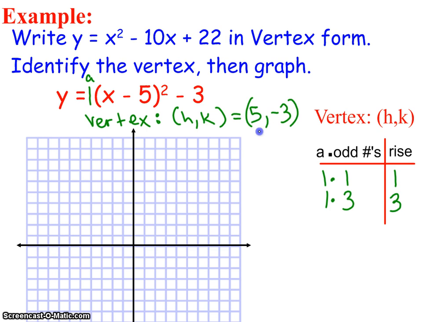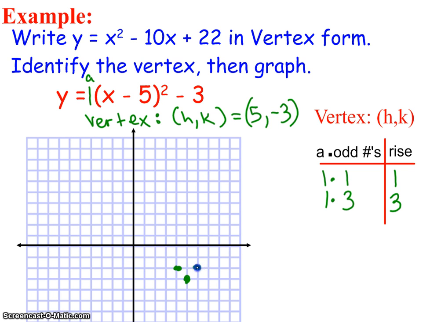So let's go ahead and plot our vertex. 5 to the right and 3 down. The first time you go up 1. And remember, your run is always 1. Match it on the other side.